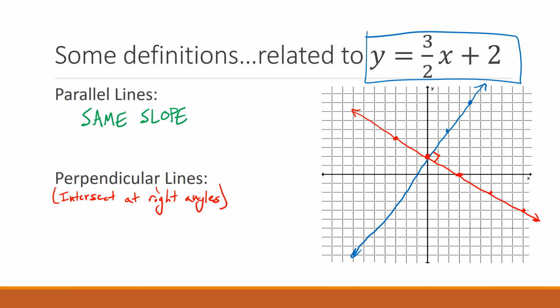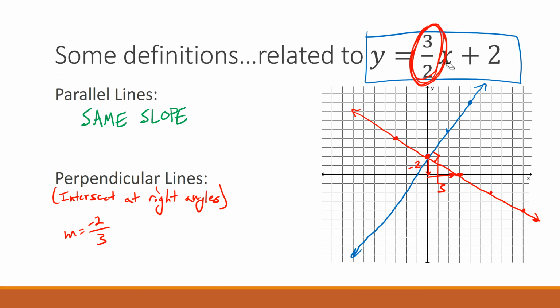Let's see. Did you hear my voice crack? That was fun. Let's see what is going on with these slopes. In my original blue line, I have a slope of up 3 over 2. What's the slope of this red line? Looks like down 2, right 3. So that would be a slope of negative 2 over 3.